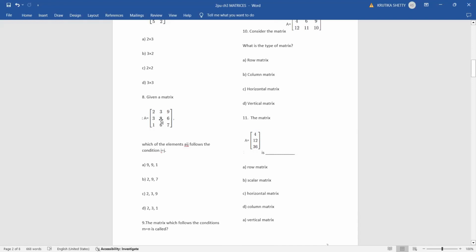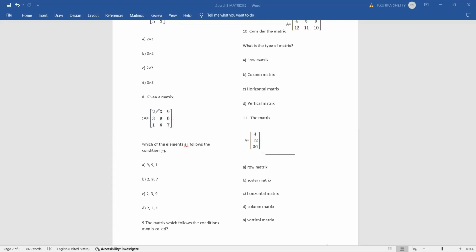Given a matrix A, it is a 3 cross 3 matrix. Which elements follow the condition i equal to j?